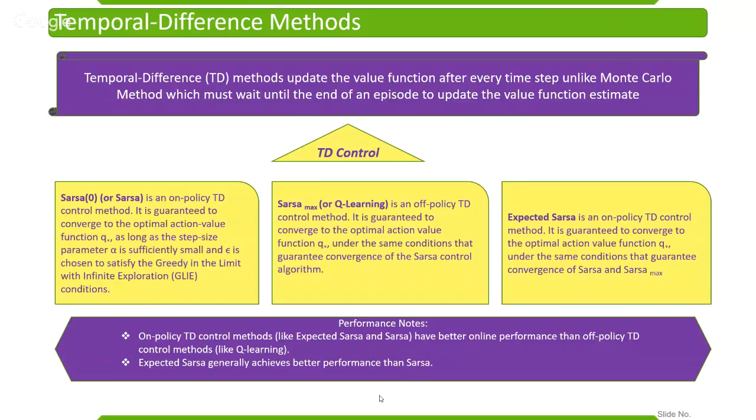SARSA 0, or SARSA, is an on policy TD control method, and to converge to an optimal action value function, it makes use of the constant alpha that we just spoke about, and the constant alpha should be sufficiently small. And if you remember from the epsilon greedy policy, the epsilon value is chosen so as to satisfy the greedy in the limit with infinite exploration conditions.